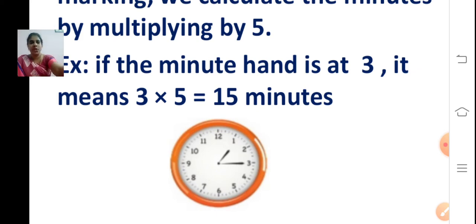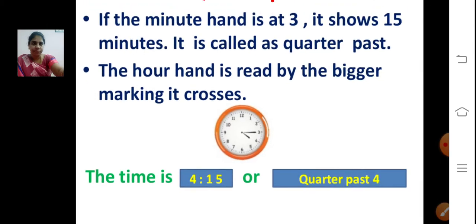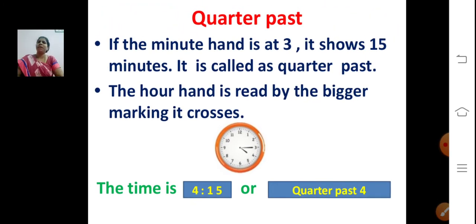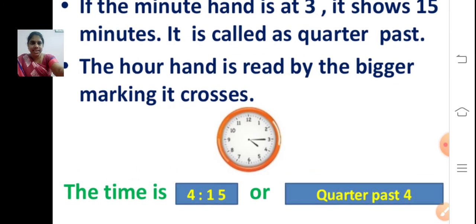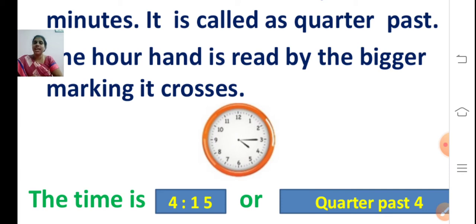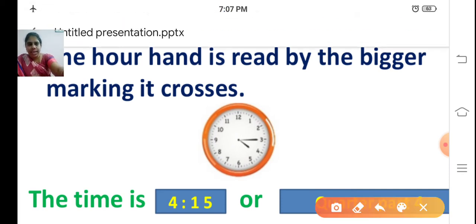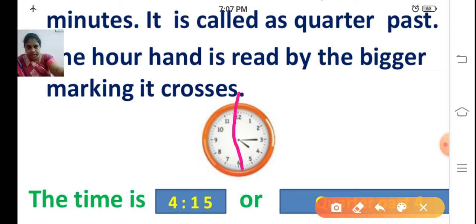Clear now? Now we will see one more sum. Quarter past. What do you mean by quarter past? Do you know what a quarter is? Just see, this is a clock. If I cut it equally, we say this is half. Now, if I cut again, what does this represent?